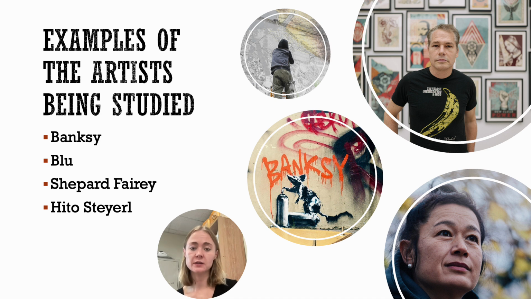Some artists that we are going to be studying to help with this include the 4 I listed here. So Banksy, he's a street artist who discusses his views on war, capitalism, and the human condition. Blue is also a street artist who talks about his views of consumerism, war, and the impact of technology on society. And then Shepard Fairey, he's also a street artist, but I wanted to focus more on the digital aspect.